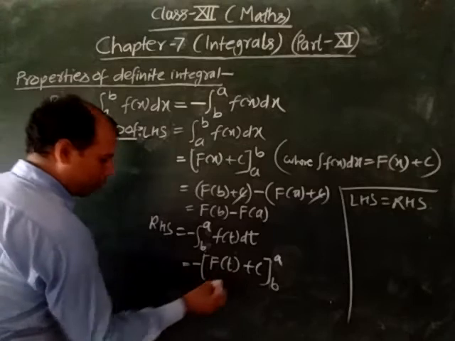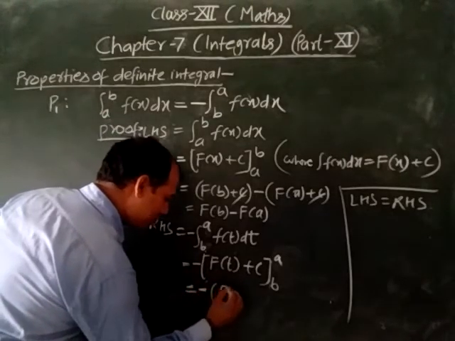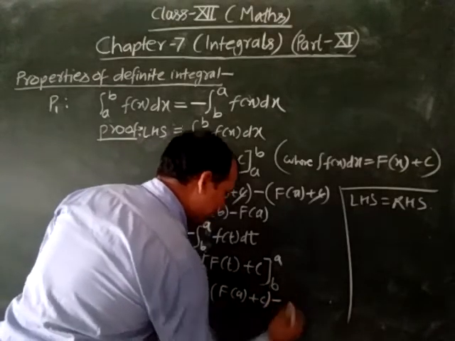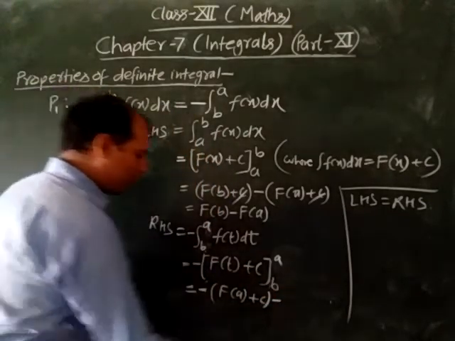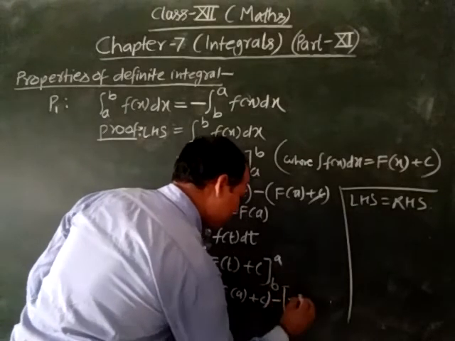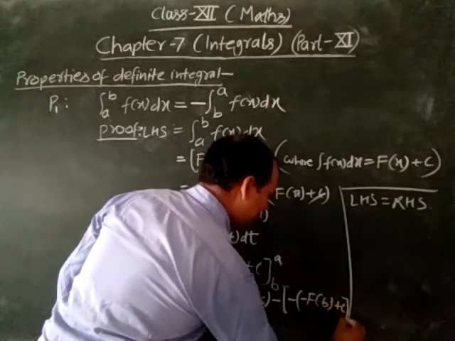In this, first we put the upper limit, then we get F(a) plus c, minus, we put the lower limit, we get F(b) plus c.